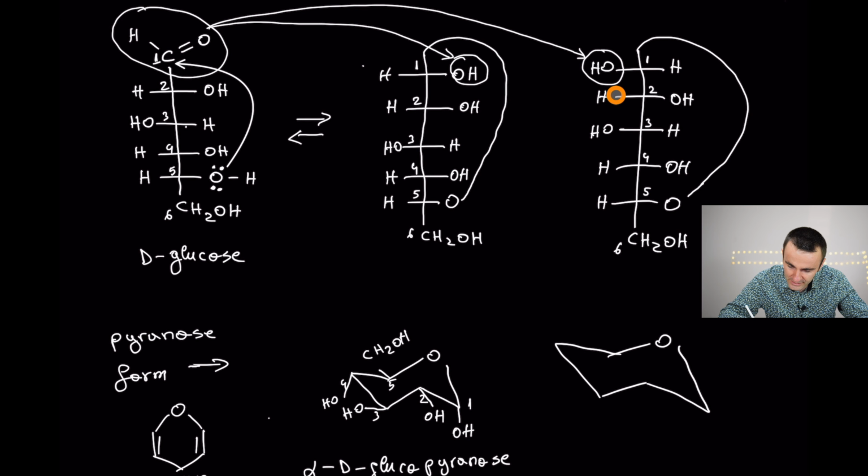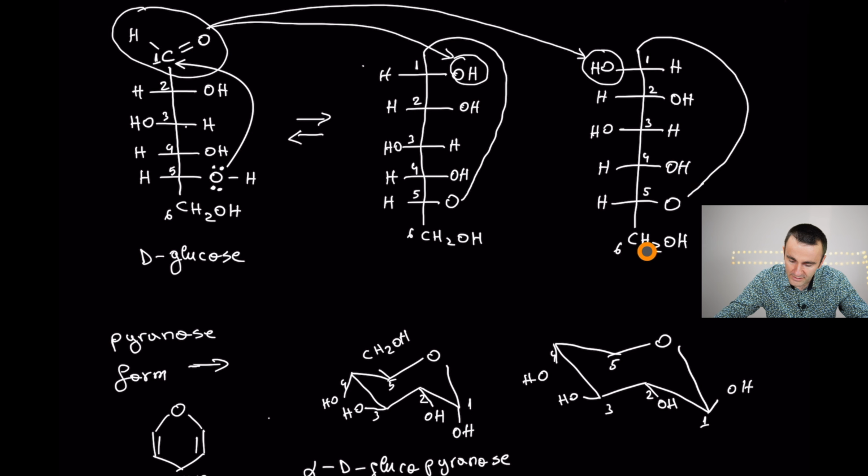Now, in this case, this is on the left side. The hydroxy is going to be up. I suggest, as a beginner, write numbers. It is not a mistake. Do not get confused. Now, the second one is on the right side. It's going to be down. The third one is going to be up. The fourth one is going to be down.